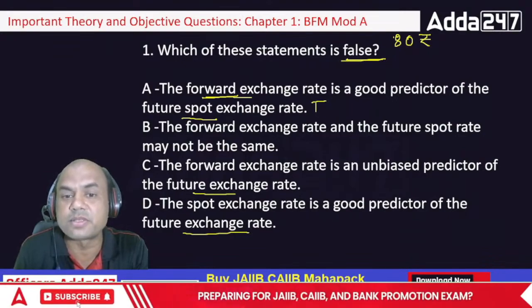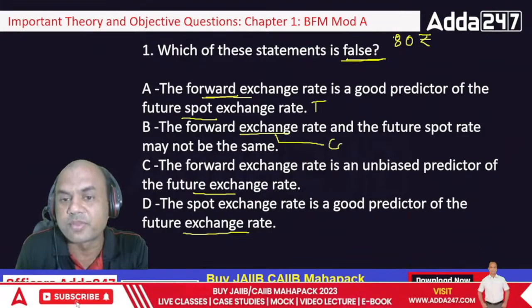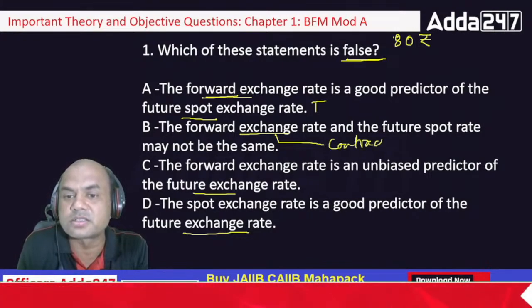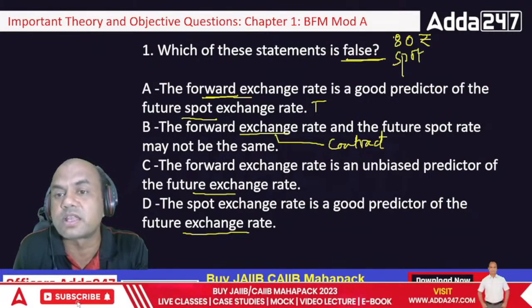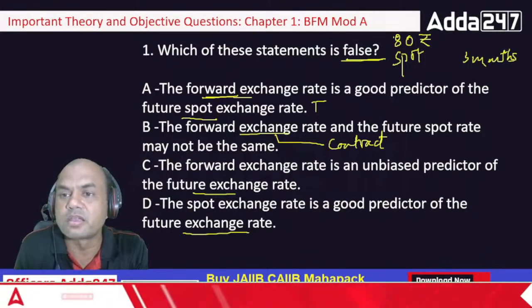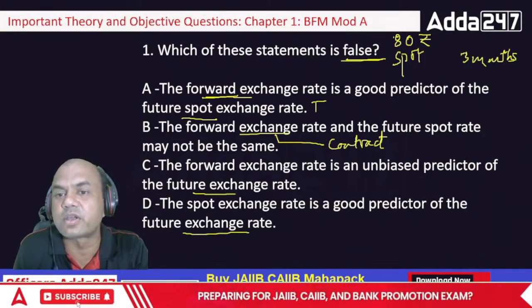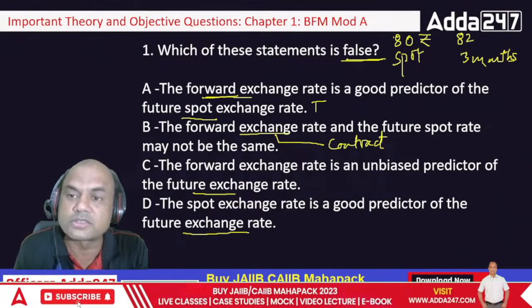Forward exchange rate means this is a contract booked. This forward rate is always a contract. What do you mean by this? See this. $1 equals 80 today at spot, and the forward rate I am booking for 3 months later. Let's say I am booking it for 82. What does it mean?